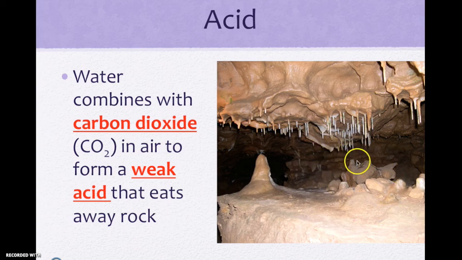But there is one weak acid that you see a lot, and that is carbonic acid. That acid is formed when carbon dioxide in the air is absorbed into water, and it forms a weak acid that eats away rocks. That is actually the basis for most limestone caves. So if you go into a cave like the ones in the Black Hills, you see all these beautiful formations that were formed by acid weathering.